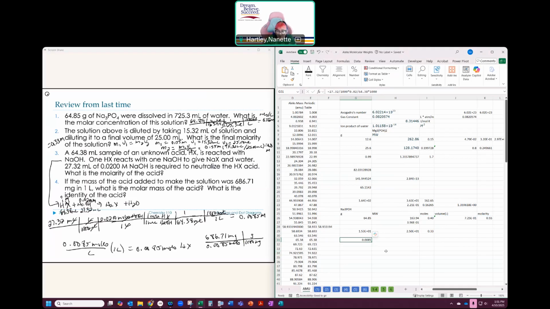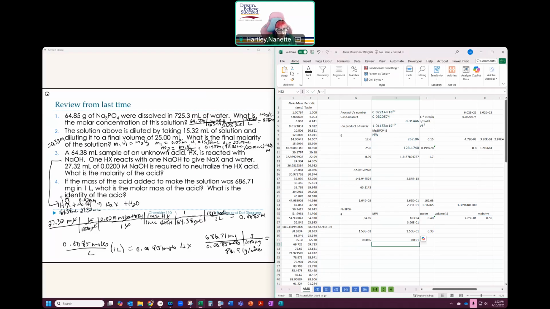So I take 686.71, divide that by the number of moles that I calculated, and then divide that by 1,000. And that gets me 80.91 grams per mole. And that's the molecular weight of the HX. Awesome.